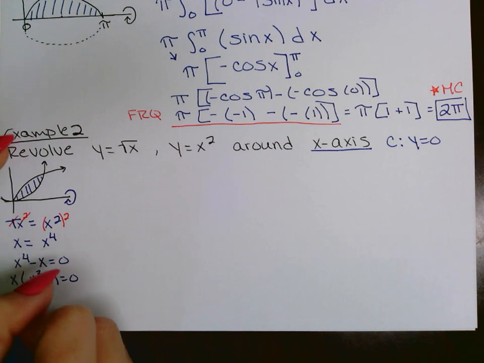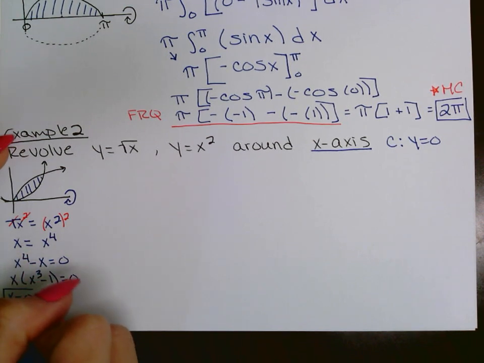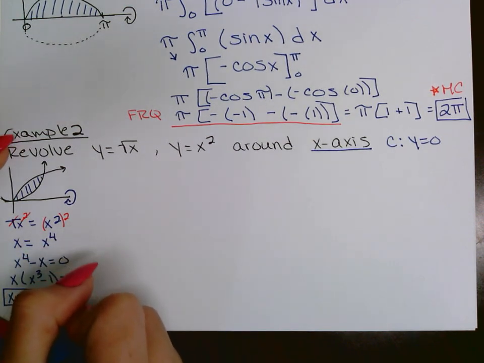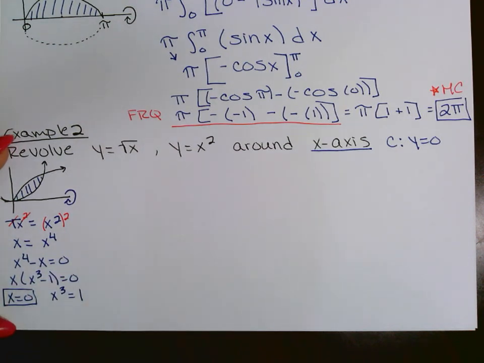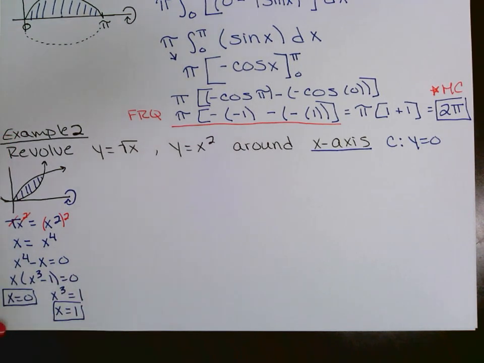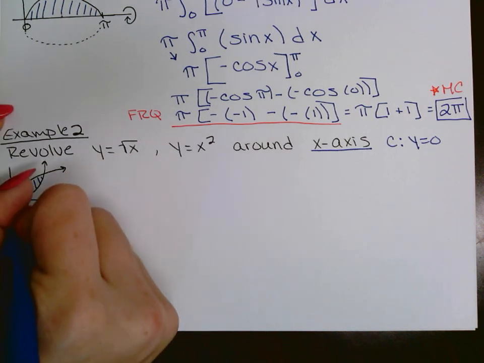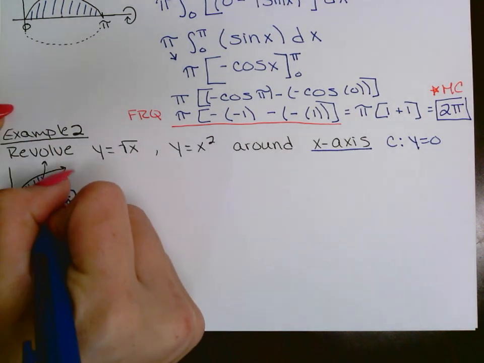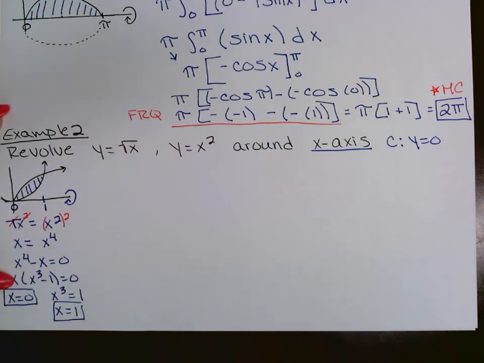And now we have x equals 0. Here's that 0 that we were talking about. And then x cubed, if I move over the 1, equals 1. What is the cube root of 1? 1. Okay. So I know that my a is 0 right here, and then my b is 1.